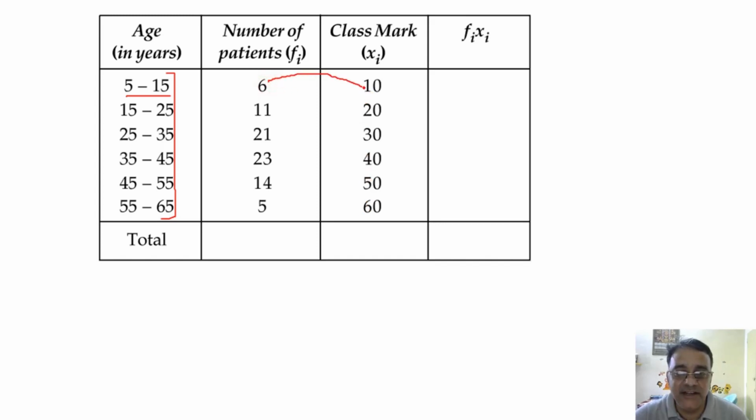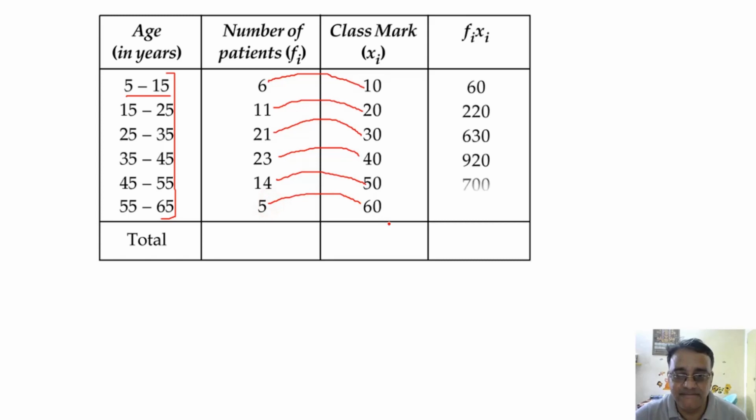So 6 into 10 is 60, 11 into 20 is 220, 21 into 30 is 630, 23 into 40 is 920, 14 into 50 is 700, and 5 into 60 is 300.